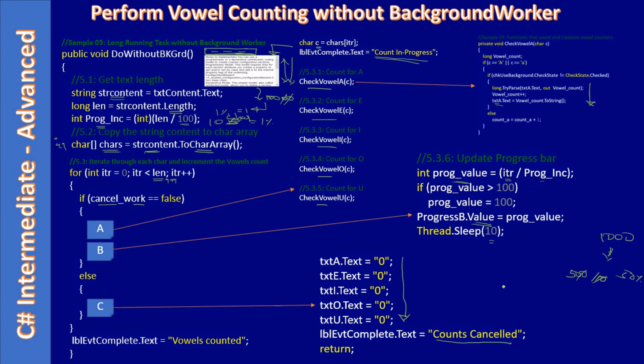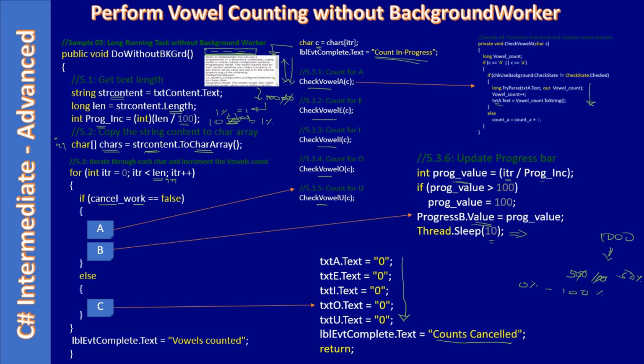For the progress bar, you can look at the properties. There we have the range as 0 to 100, minimum and maximum. Alright, then here we are putting a Thread dot Sleep. This is just to delay the process.